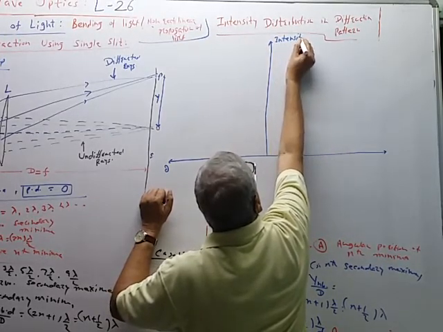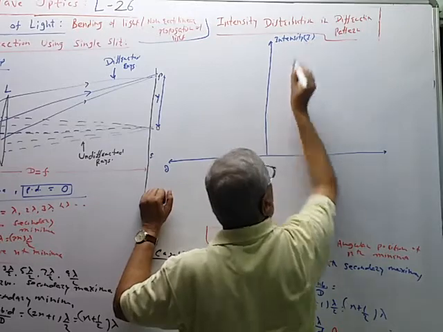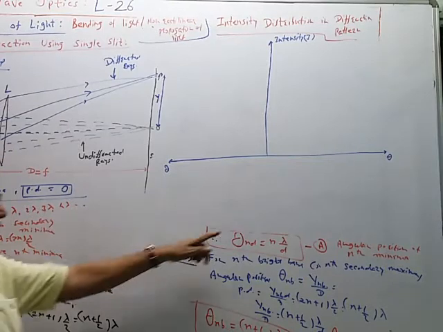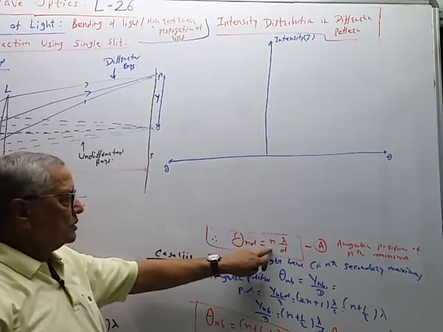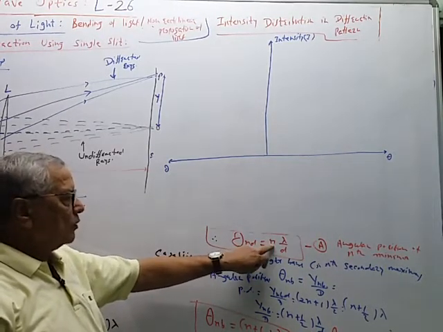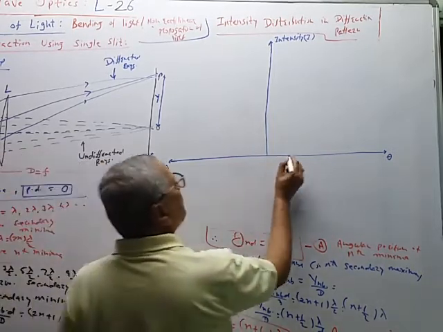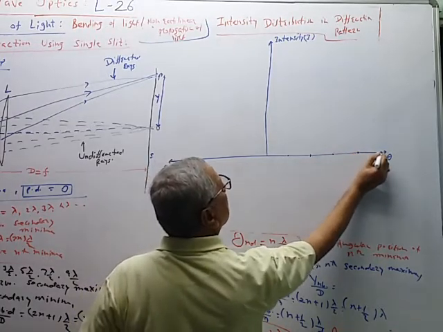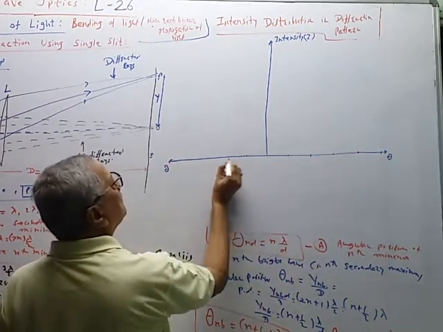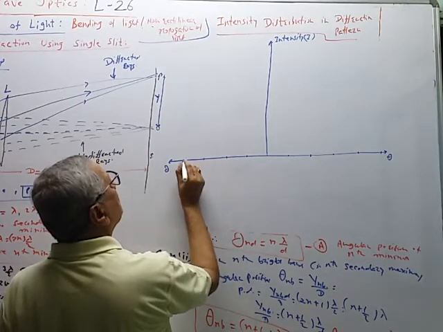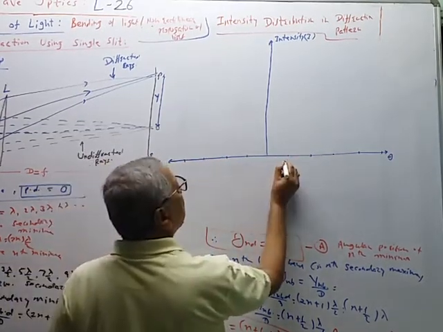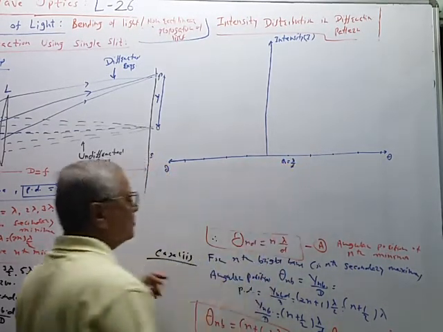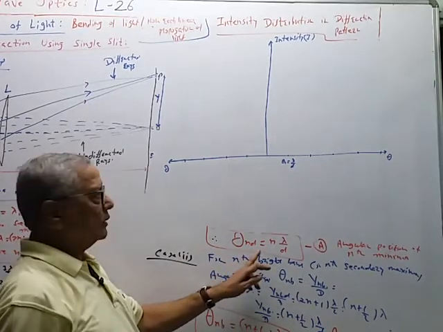This is theta, the angular position of the minima and maxima given by equations A and B. So now if you see this equation, when we put n is equal to 1, theta 1 is equal to lambda upon d.